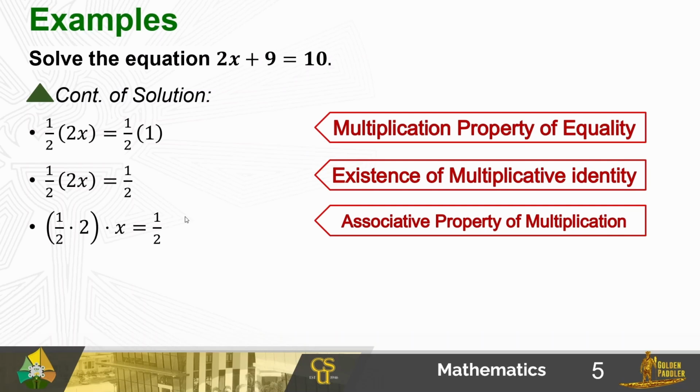Now, from here, you have 1/2 times 2 times x. 1/2 times 2, we all know that that is equal to 1. So it becomes 1 times x is equal to 1/2. Again, let us determine what field property or axiom of equality we used.